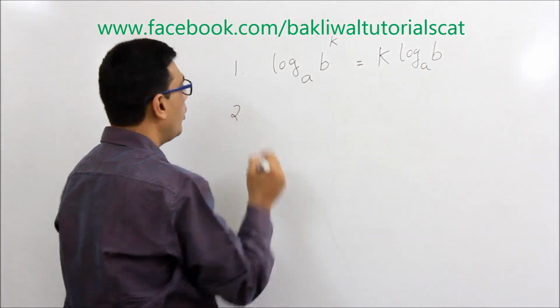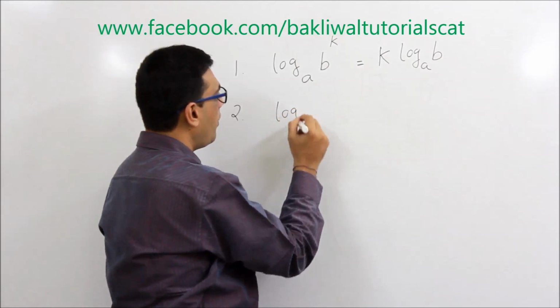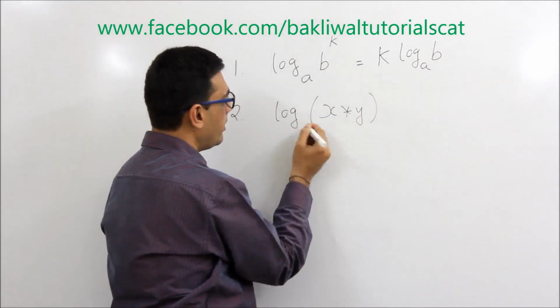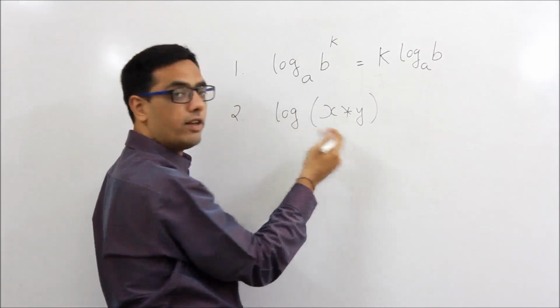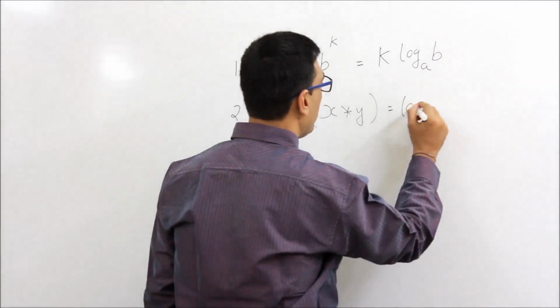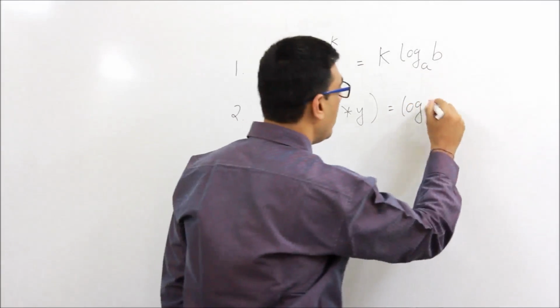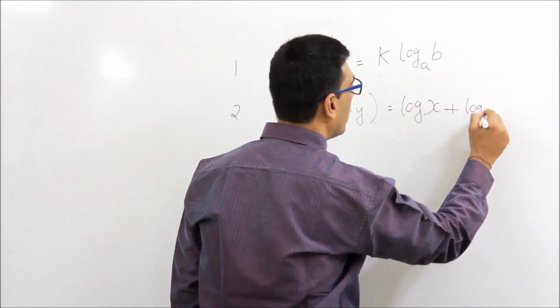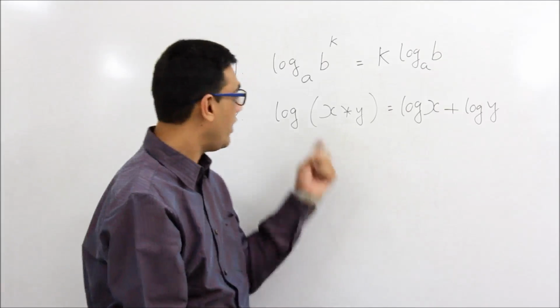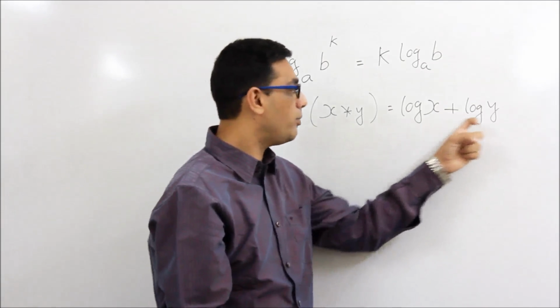Second rule. What is log of x into y? There is some base, log 10 or log a, whatever, the base remains the same. What is log of x into y? The answer is log x plus log y.